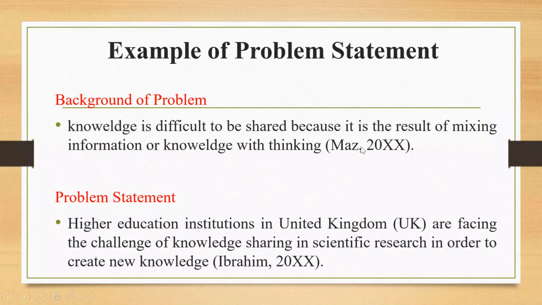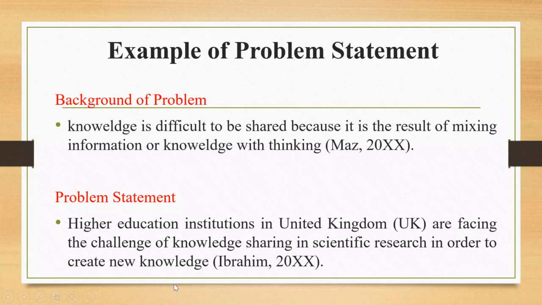the first one, the problem background, we will read it. Knowledge is difficult to be shared because it is the result of mixing information or knowledge with thinking. For example, here Muhammad 2018 or Muhammad 2010 or whatever. And here is the problem statement of this paper: higher education institutions in the United Kingdom are facing the challenge of knowledge sharing in scientific research in order to create new knowledge.